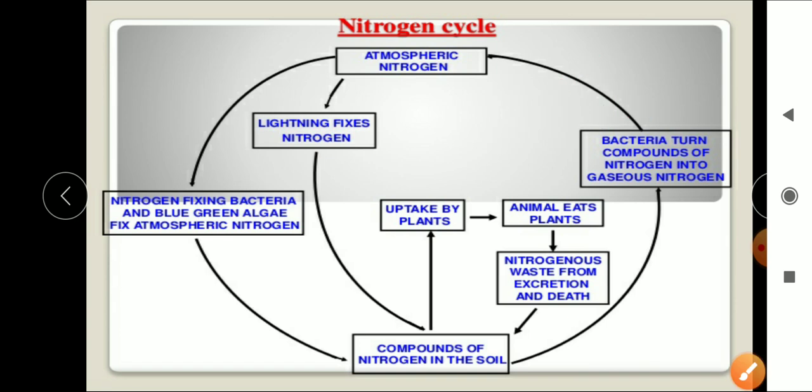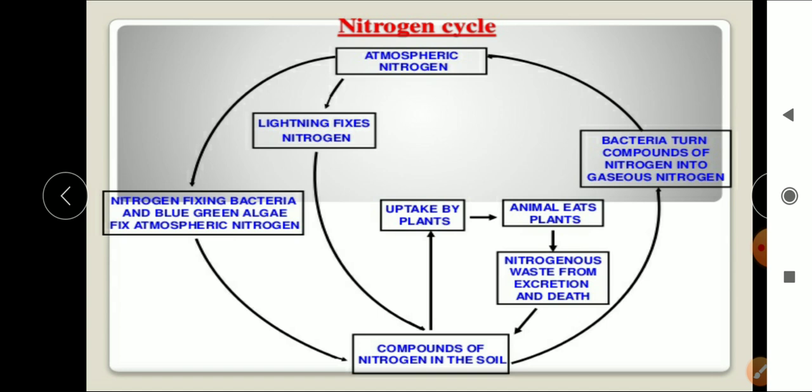The atmospheric nitrogen cannot be taken directly by plants and animals. Understood? They cannot be directly taken by plants and animals. Certain bacteria and blue green algae present in the soil fix nitrogen from the atmosphere and then convert it into compounds of nitrogen. Right? See, it is not going directly to the plants and animals.